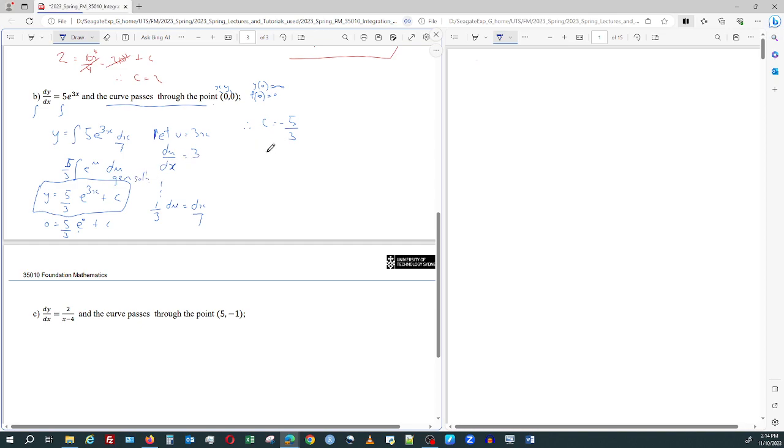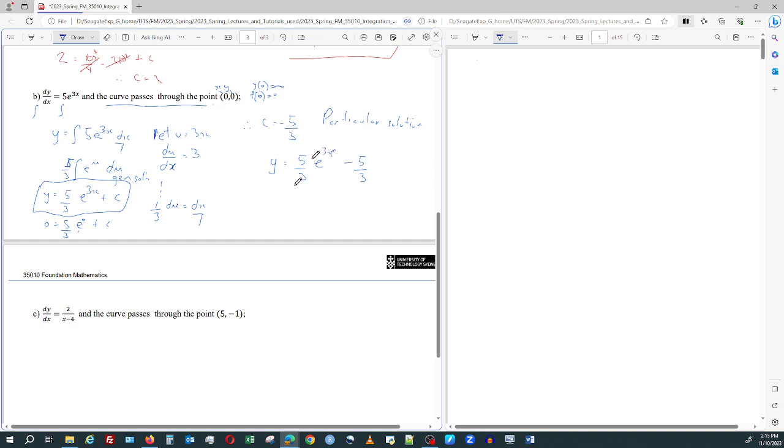Okay, our particular solution based on these initial conditions is simply y equals 5 on 3 e to 3x, and c was minus 5 on 3.